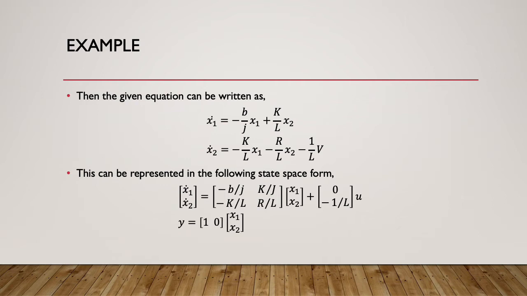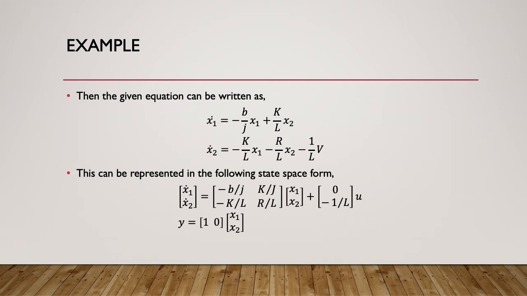U is the input of the system, and the matrix associated with U, which is 0 and minus 1 by L, is the control matrix, or input matrix. The matrix that comes together with x1 and x2 is called the state matrix. The output equation is y equals 1, 0 times x1, x2, since we defined y equals omega, and omega is x1. This matrix 1, 0 is called the output matrix of the system.